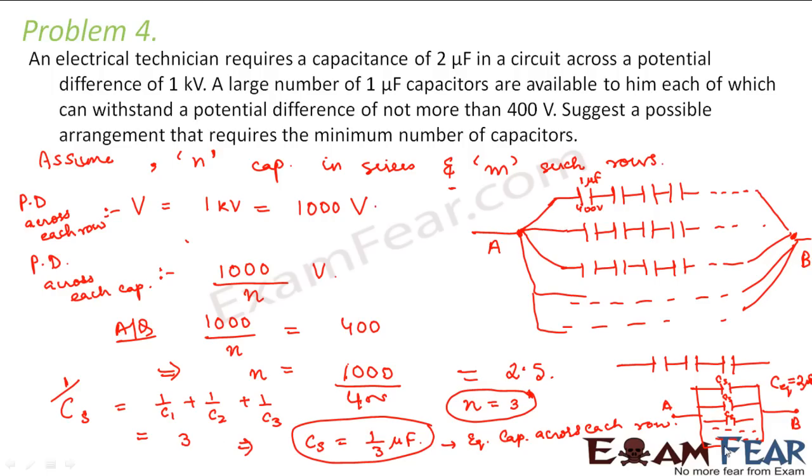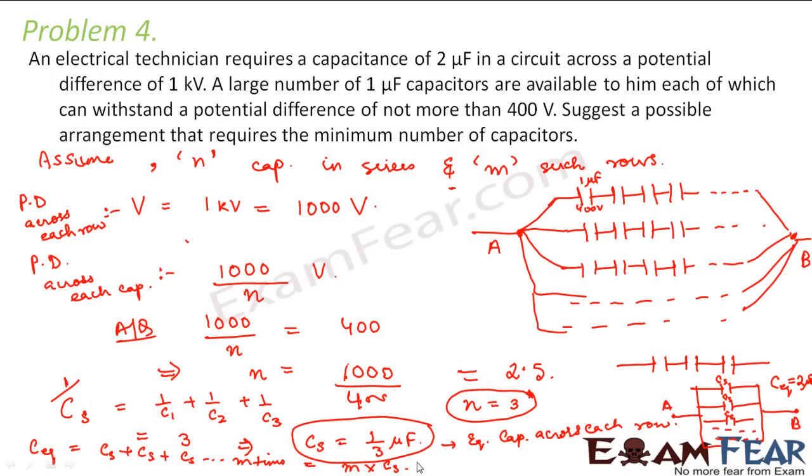So how many such capacitors should there be in parallel such that the net equivalent capacitance comes out to be 2 microfarads? Then the equivalent capacitance of this circuit which I have drawn will be equal to Cs plus Cs plus Cs, M times, right? So that is equal to M into Cs.